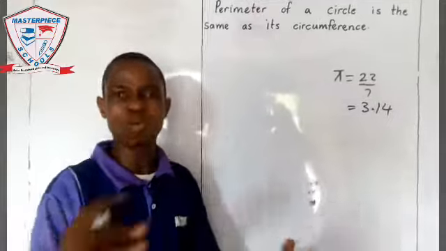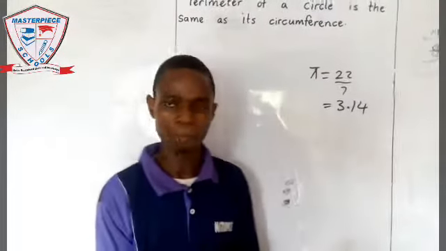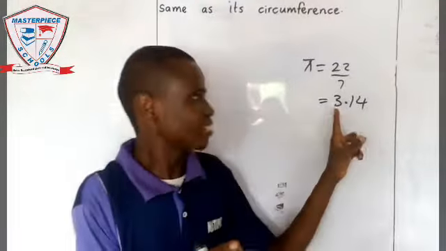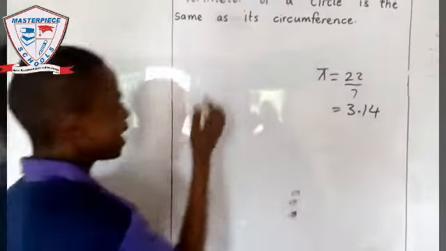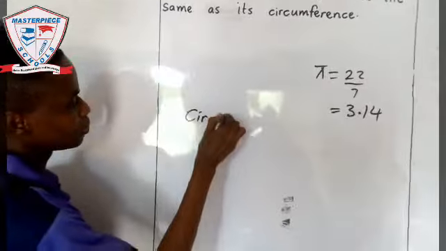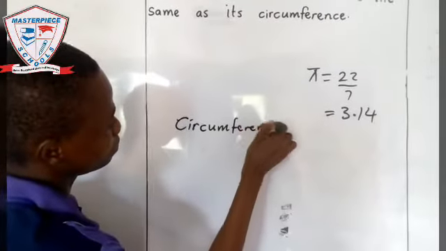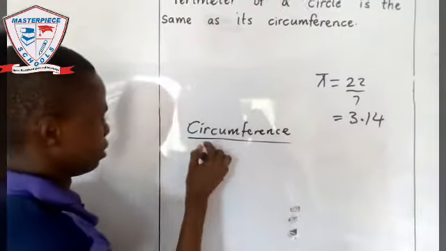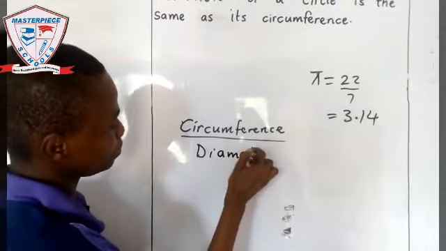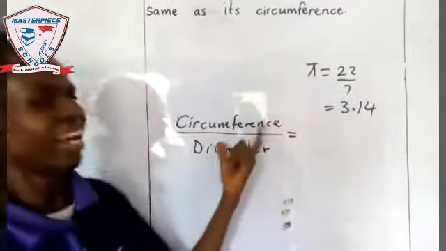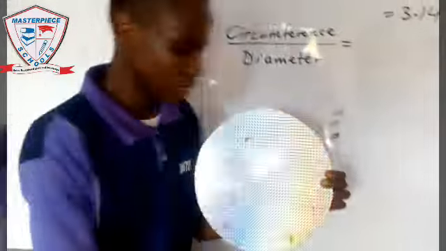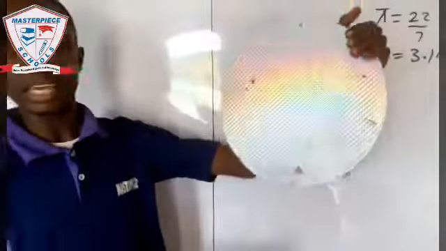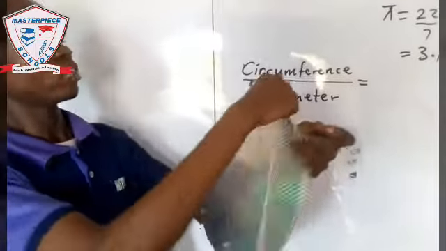For any circle, whether big or small, we have this 3.14, and there is a way it was derived. We have circumference all over diameter.